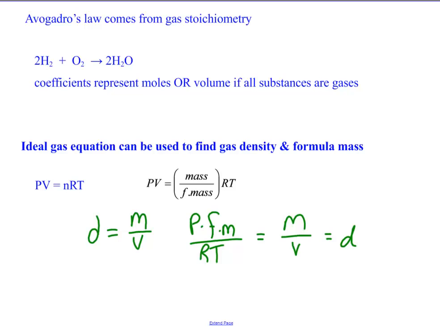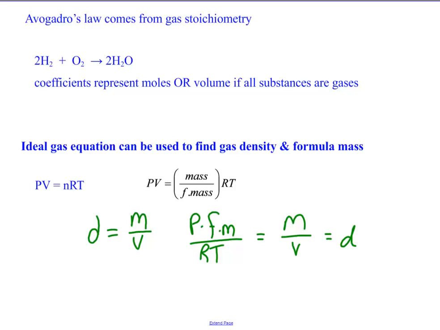So if I multiply both sides by formula mass, so it's on the left side, and divide both sides by RT, the gas constant and temperature, then what I'm left with is mass on the right. And if I divide both sides by volume, volume now moves to the right and it's in the denominator. So now I have mass over volume, which is density.